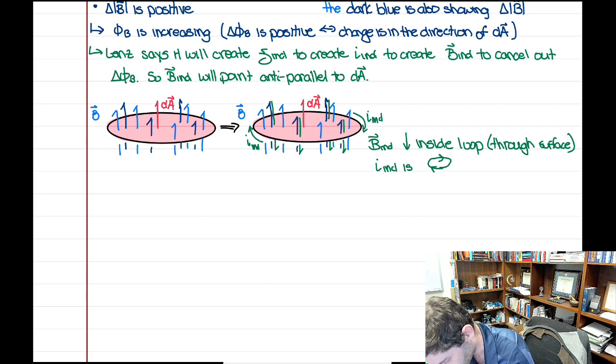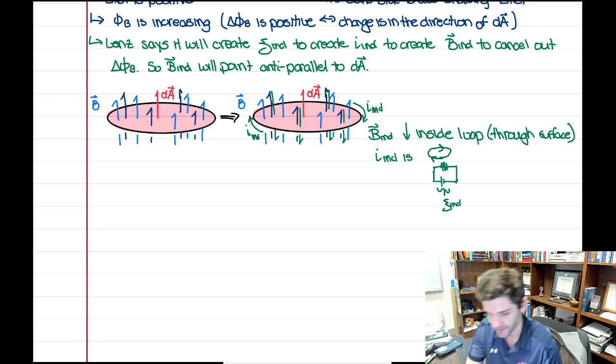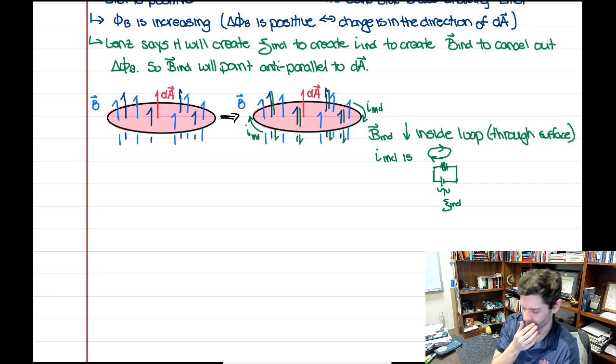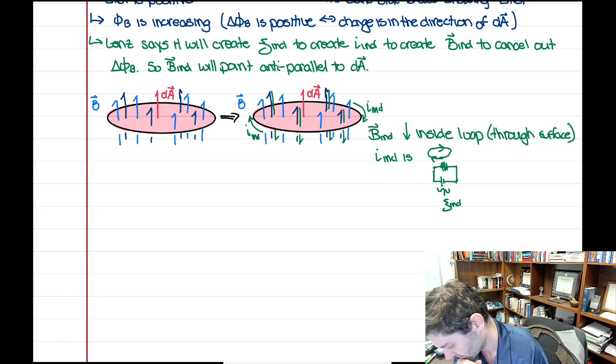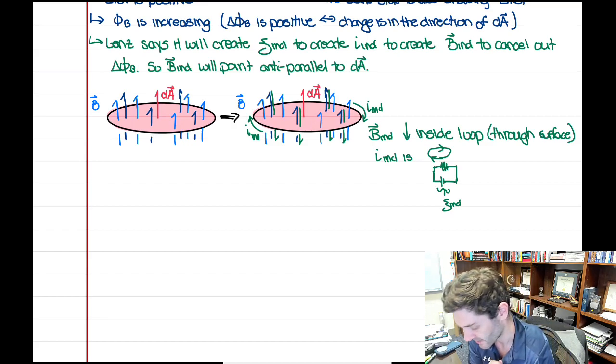If I want a current that flows in that clockwise direction, I can imagine the circuit has something, maybe a resistor, but there's some induced EMF that I'll represent like a battery, which will then pump current in this clockwise direction. That is Lenz's law. Well, that is a combination of Lenz's law and Faraday's law of induction.